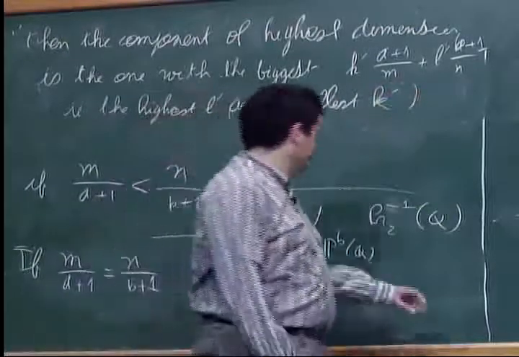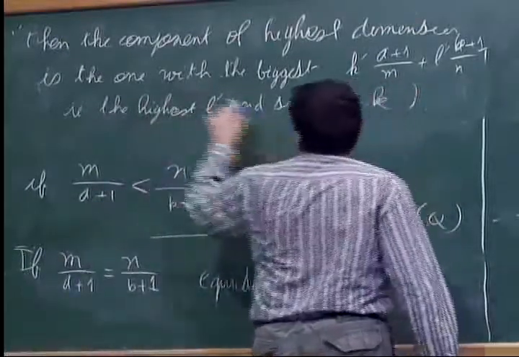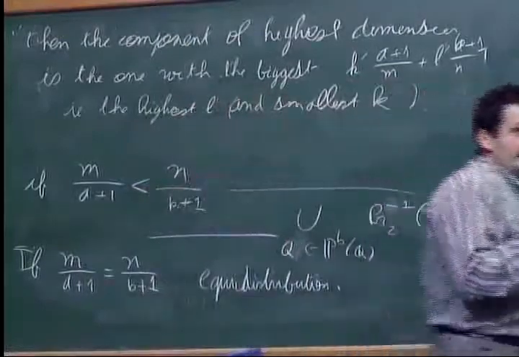So I can remove the prime now. I have to take k as small as possible.